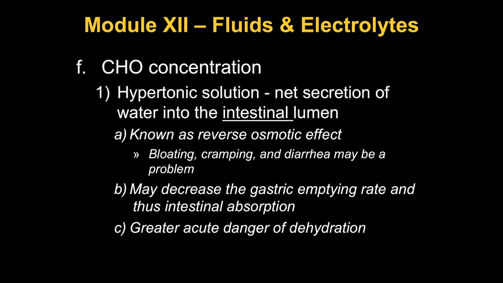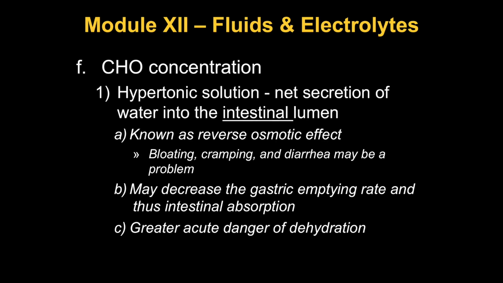So that's going to, of course, upset the GI tract balance and blood balance as far as osmolality is concerned, and where you're driving the water, and can actually decrease the rate of gastric emptying and thus intestinal absorption. So that presents a greater acute danger of rehydration here. So we want to make sure that carbohydrate concentration isn't too high.